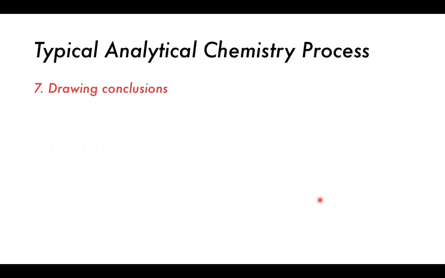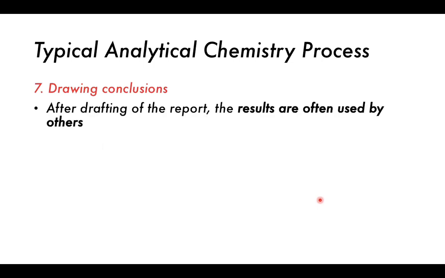And then the last one is drawing conclusions. The analytical chemist is sometimes involved with this, but not always. Typically, this is done by someone making use of the analytical chemist's report. So after the drafting of the report, the results are often used by others.